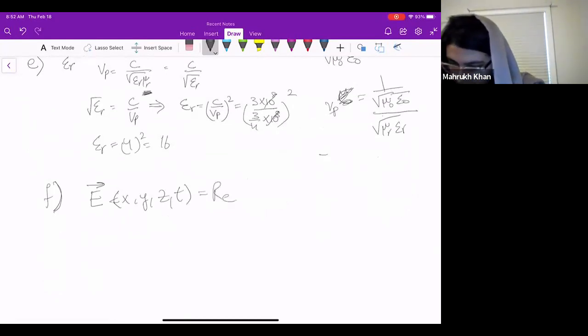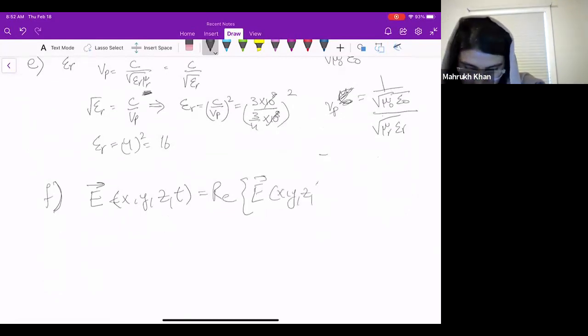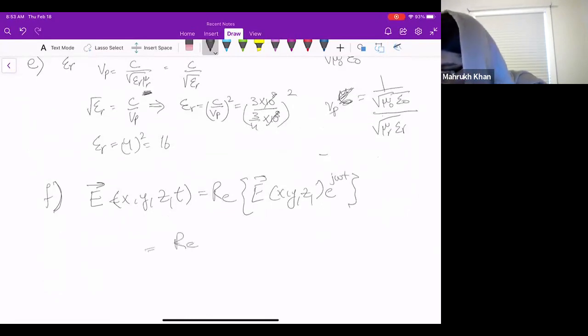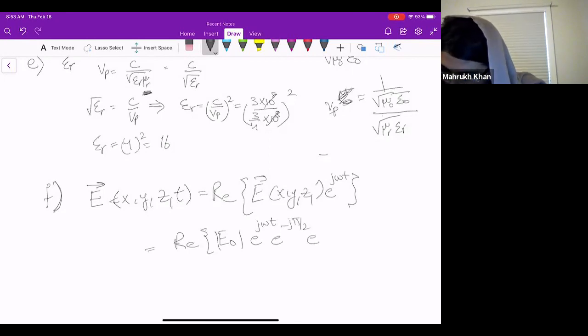Real part of E(x, y, z) e^{jωt}. I can also write it as E0 e^{jωt} e^{-jπ/2} and e^{-j8πx/3}, z.